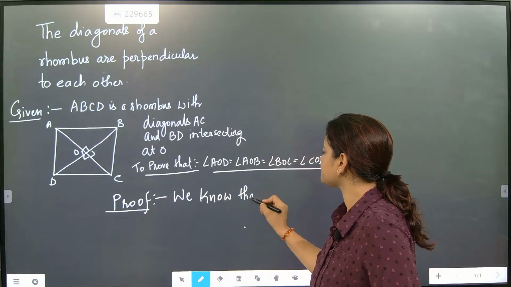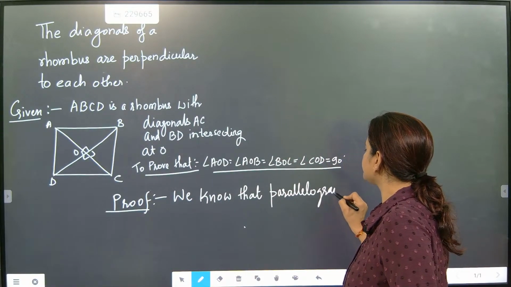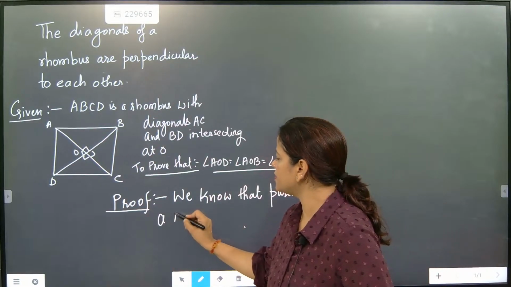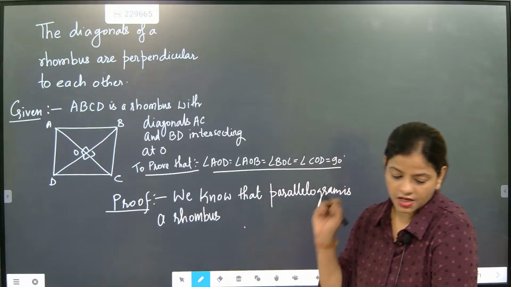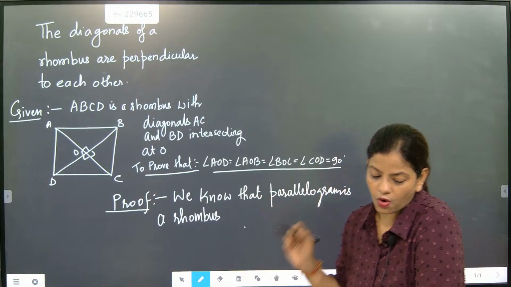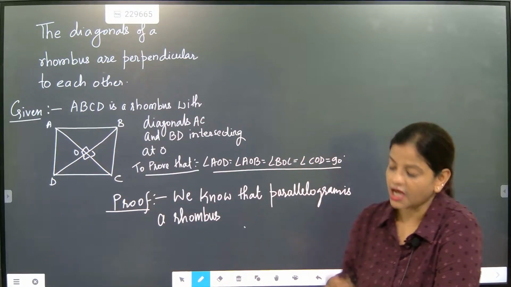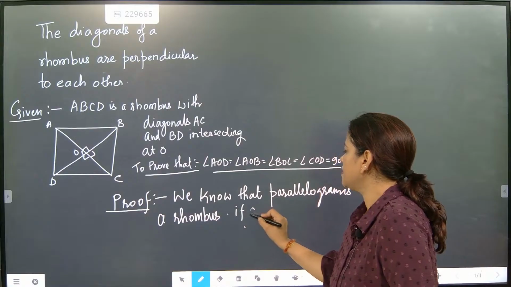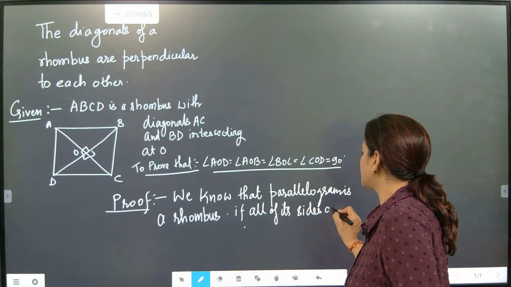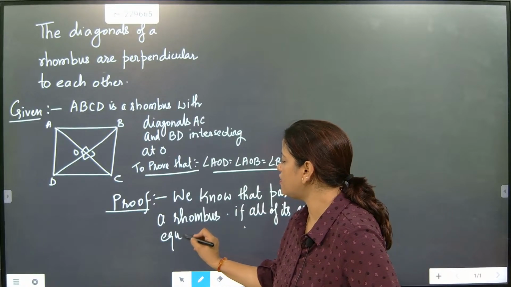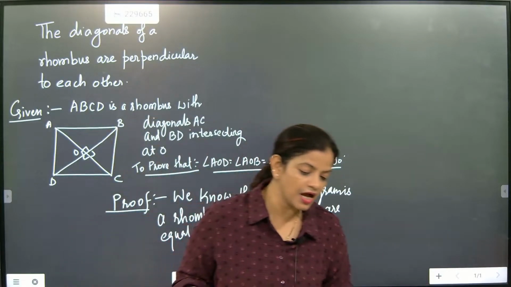We know that a parallelogram is a rhombus if all of its sides are equal.